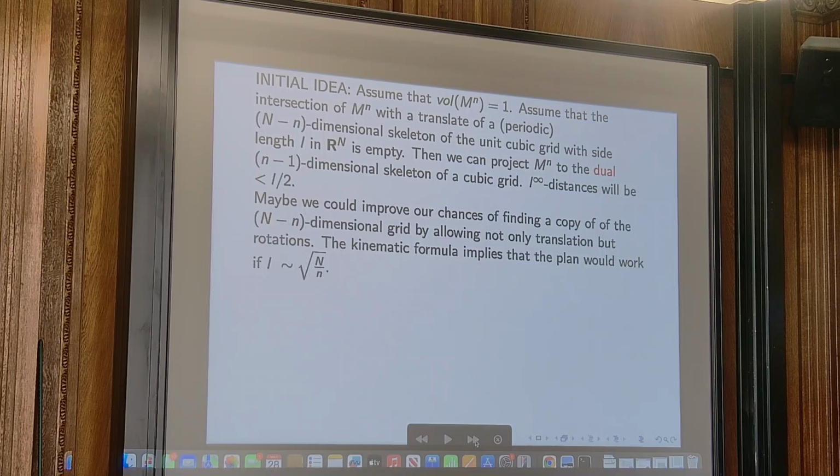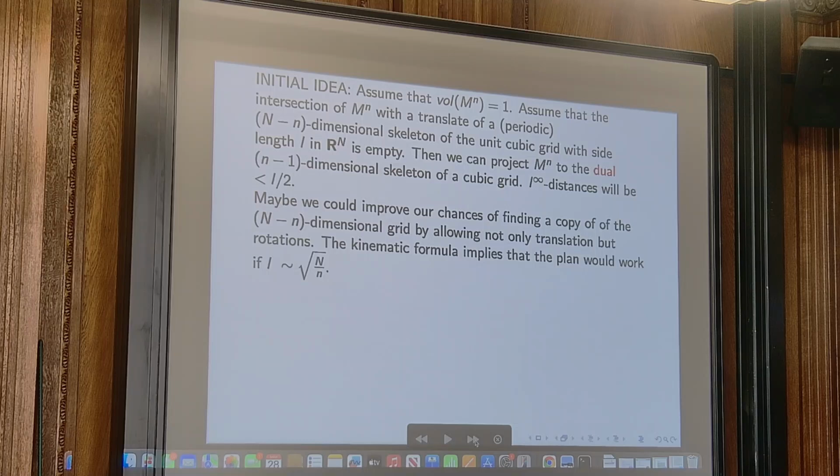Applying this formula, we see that in order for our plan to work, these cubic grids shouldn't have length 1. They should have length N, which behaves a little bit like N divided by square root of N.